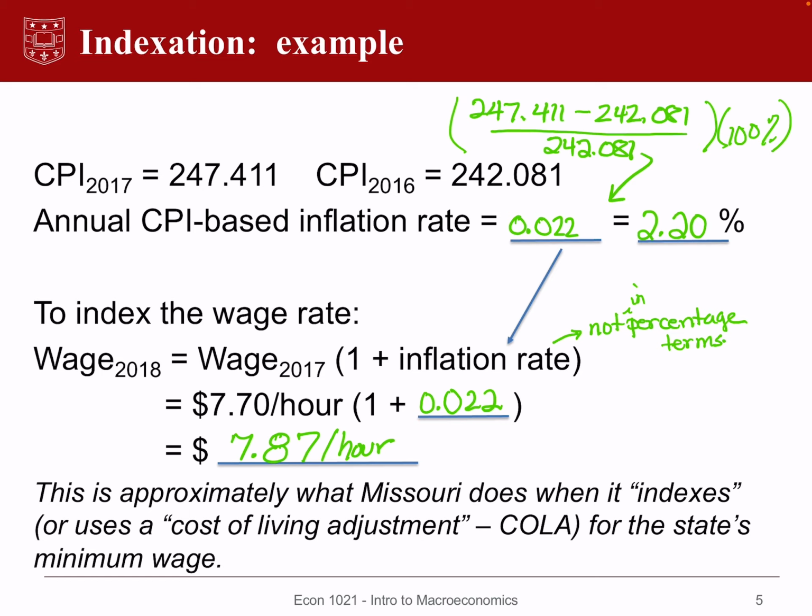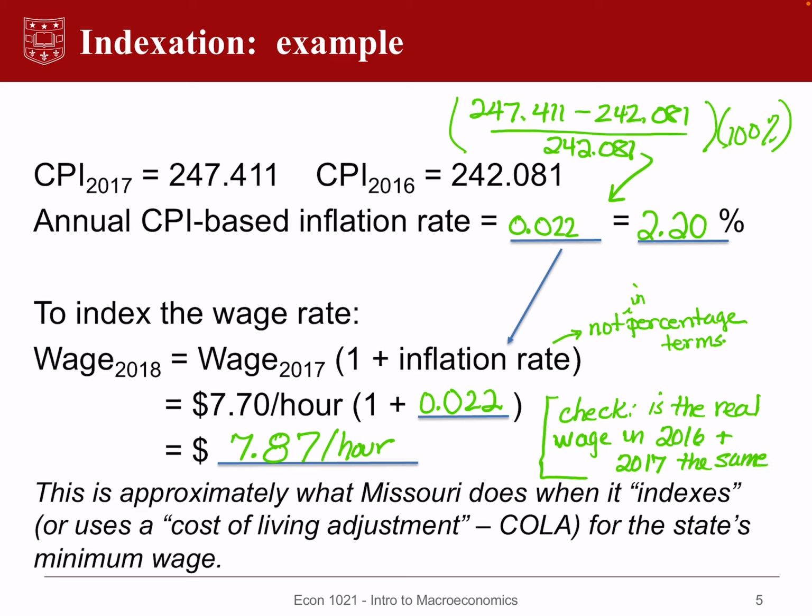And so this would be what we mean by indexing, in this case, a wage rate to the inflation rate. In other words, you can check based on what we're about to do next: is the real value of the wage in 2016 and 2017 the same?